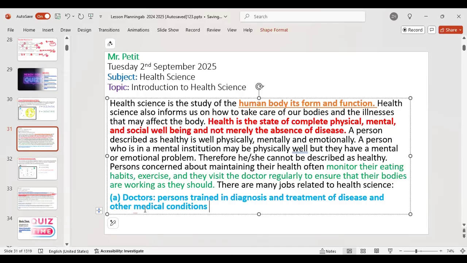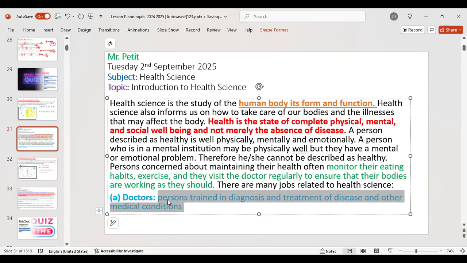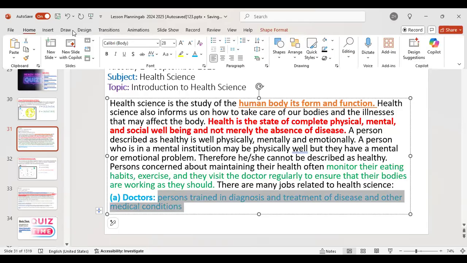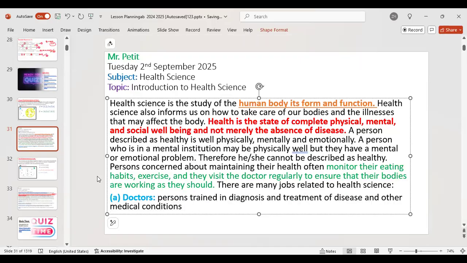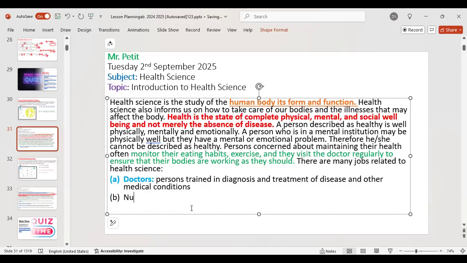All right. So these are the people who are going to let you know if you have a problem, that's diagnosis, and they're going to help to treat the problem. Okay. Next, we have nurses.